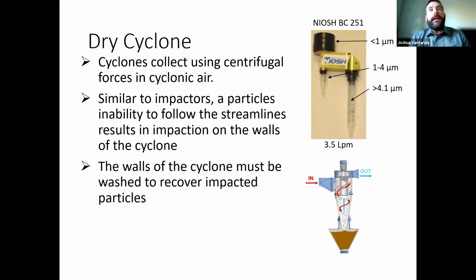Another technique that's become fairly common is a dry cyclone. The NIOSH BC251 has been used by many people in the study of both SARS-CoV-2 and influenza to collect microorganisms. It was largely designed for downstream molecular analysis, not assuming that culturability or viability might be preserved, although I think in many cases it is.